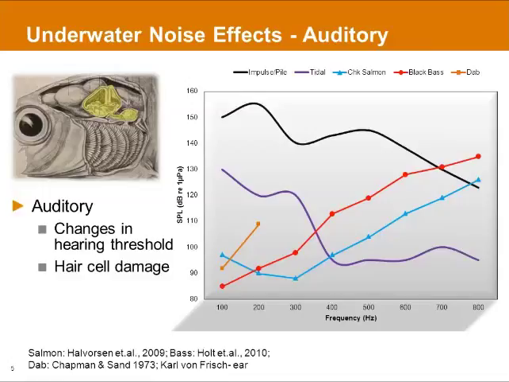Now the two solid lines, the black and the purple, these are sound sources. And the black one is from impulsive pile driving sound on a project that I've been working on for several years. And the purple is from tidal turbines from the OpenHydro, and it's the exact same signals that Brian Polagye was just talking about.